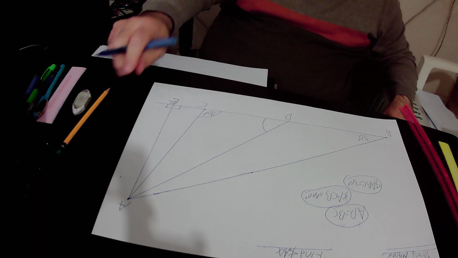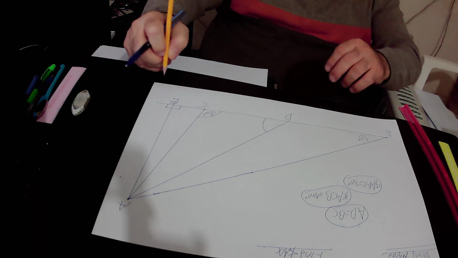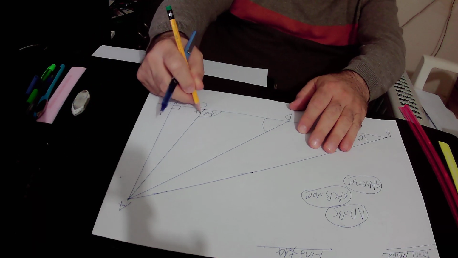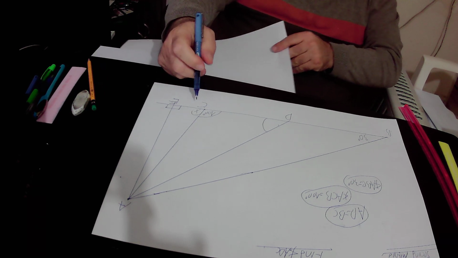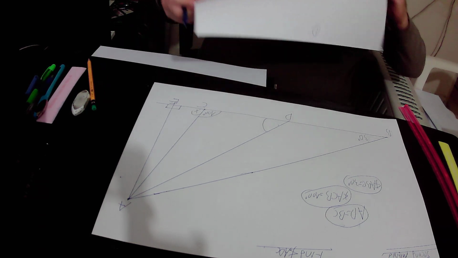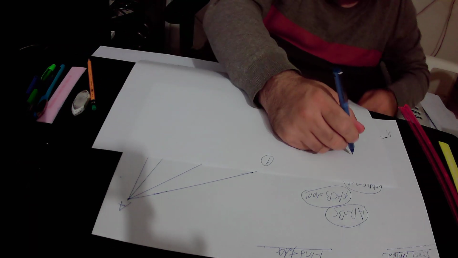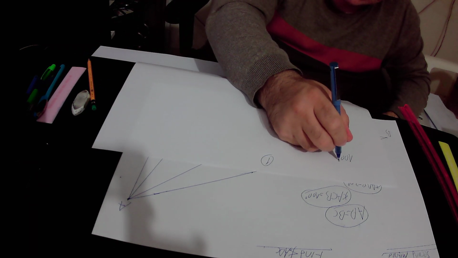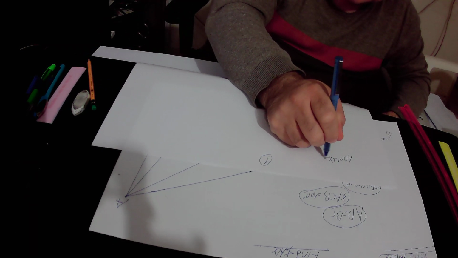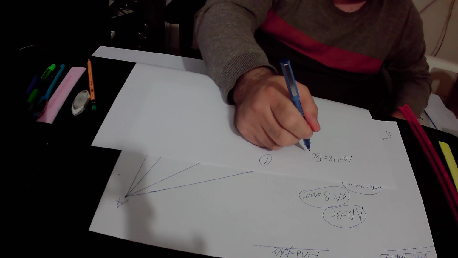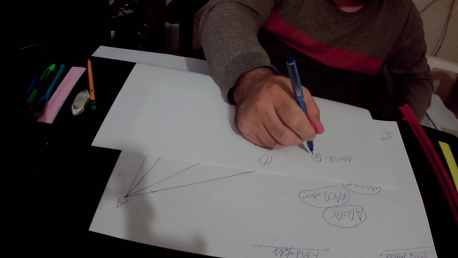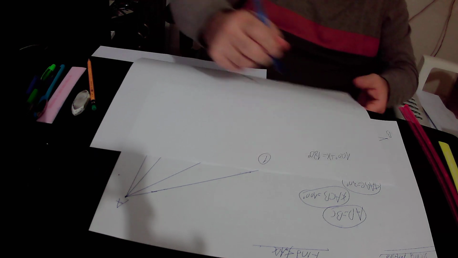So if this angle is angle X, we know that 100 degrees plus angle X must be equal to 180 degrees, according to the rule that the sum of the angles on one side of a straight line is equal to 180 degrees.